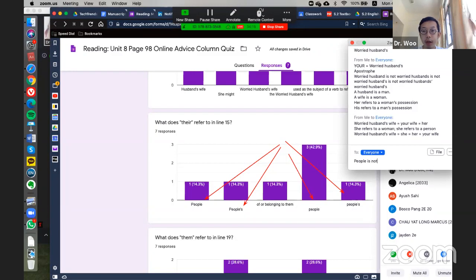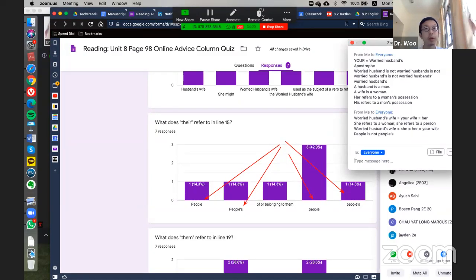People is not people's. They're different. The meaning is different. All right. Now, there is usually a possessive plural pronoun. So let's check out line 15 there.